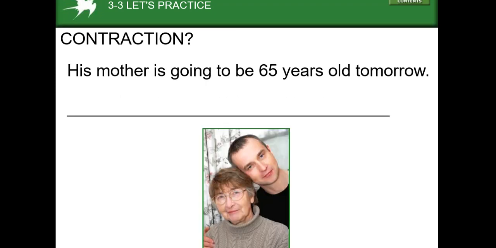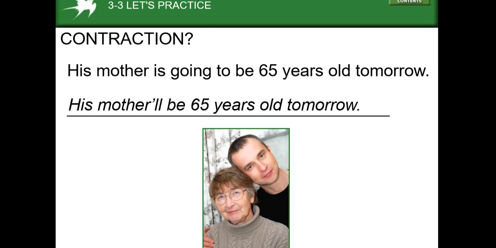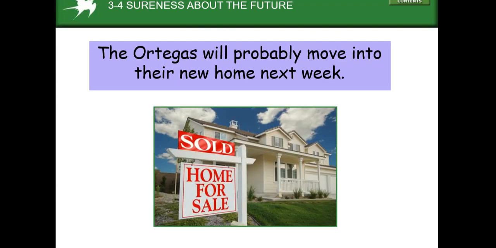Contraction: his mother is going to be 65 years old tomorrow. His mother'll be 65 years old tomorrow.